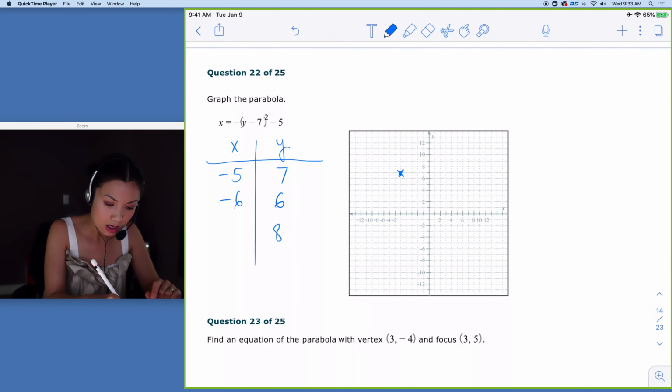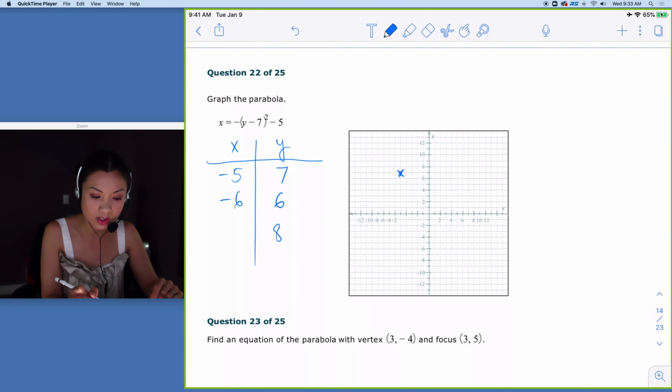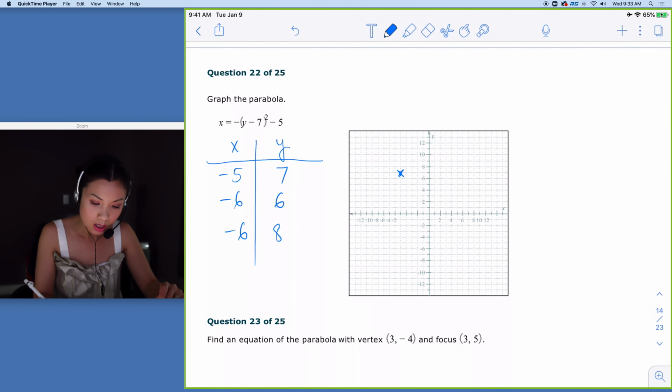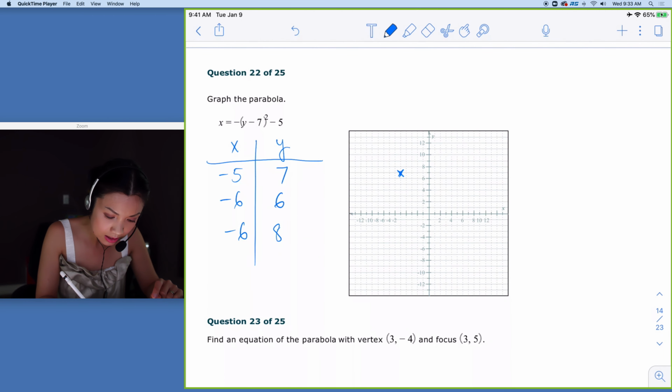So 8 minus 7 is 1. 1 squared is still 1. Negative 1 minus 5, negative 6. Okay, so negative 6 right here. So we have a point right here and right here.